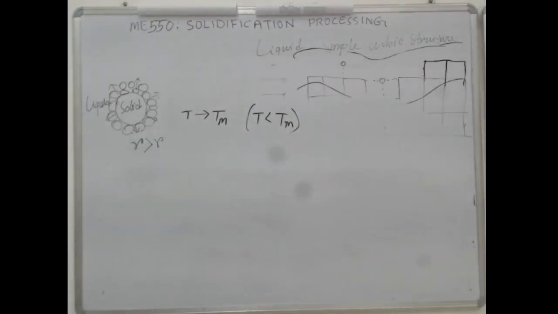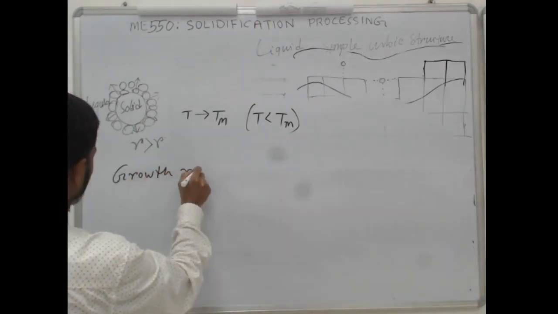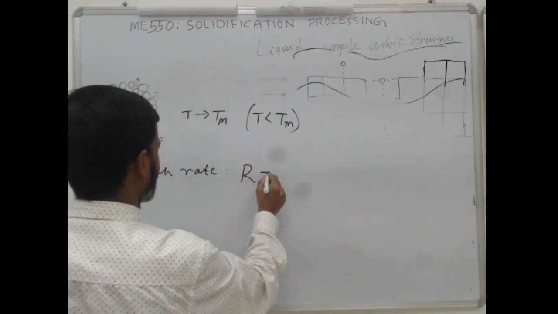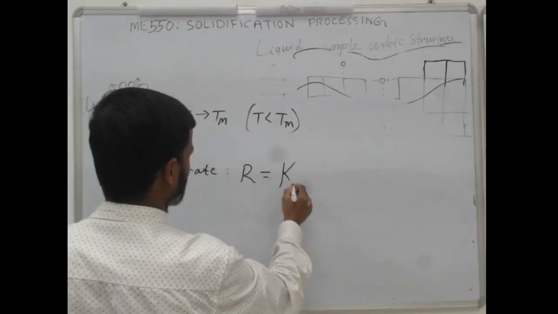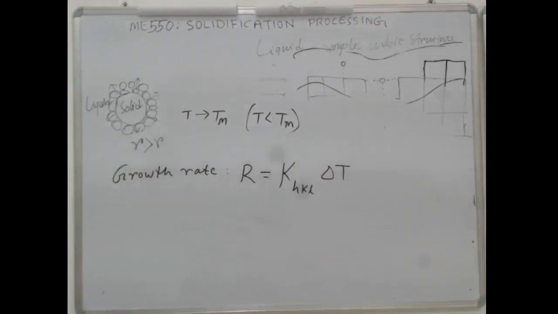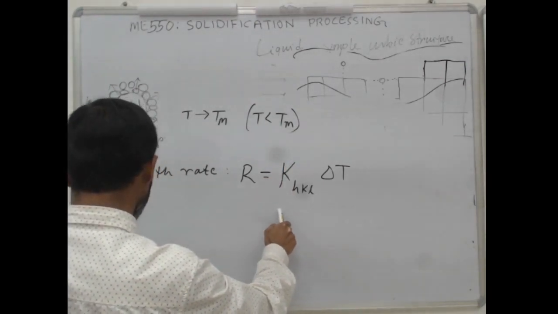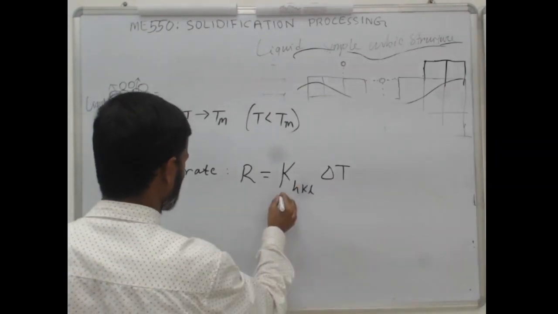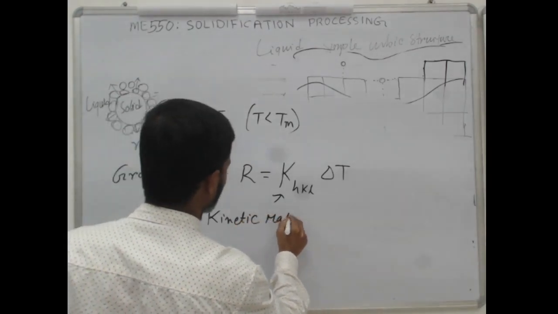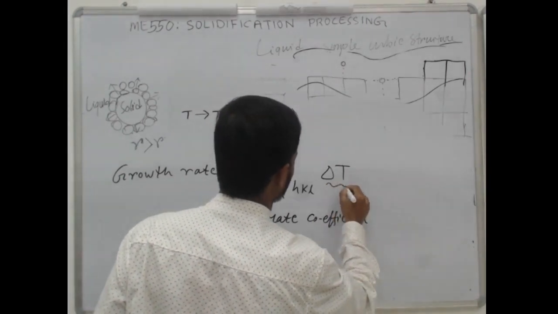For small undercooling, we can write growth rate, that we will discuss, but at this moment you just remember this: growth rate is a function of the kinetic growth coefficient or kinetic rate coefficient times delta T. This is called the kinetic rate coefficient, and this is undercooling.